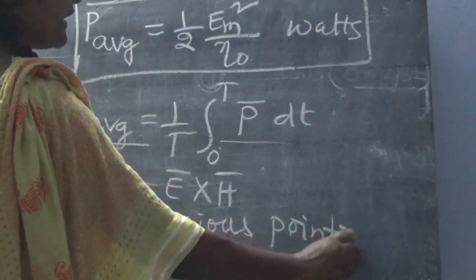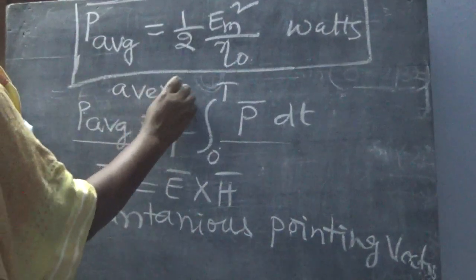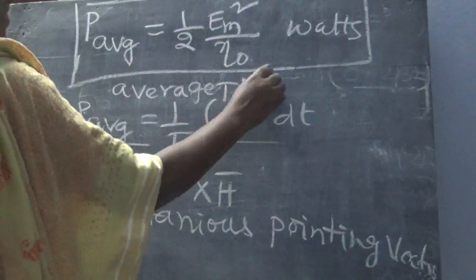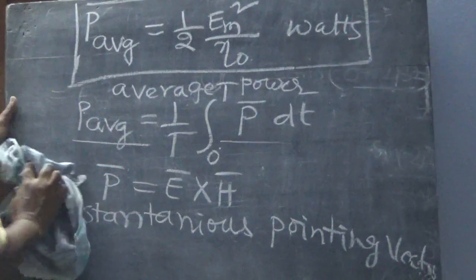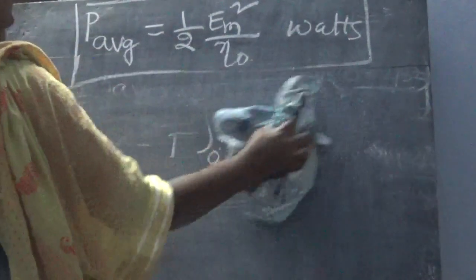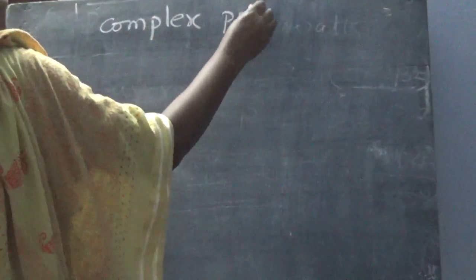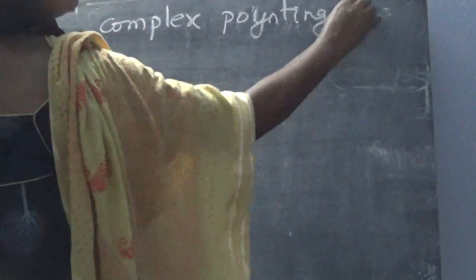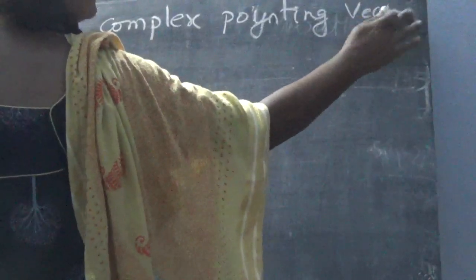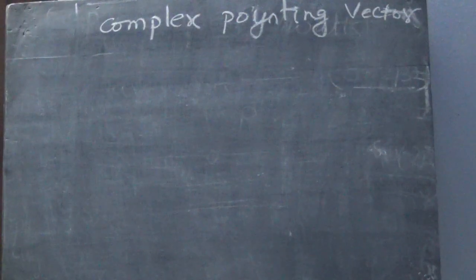This is the instantaneous Poynting vector, and this is the average power. This is the average power, and the next thing is the complex Poynting vector. If you have written POINT anywhere, change it, it went in the flow, but it should be spelled POY.